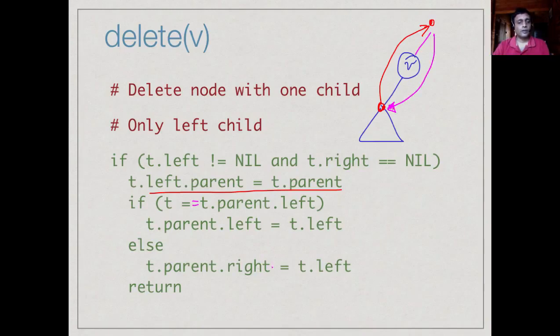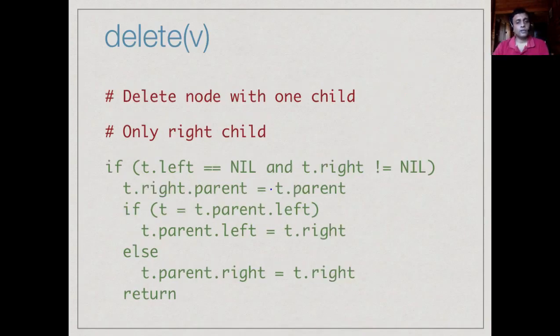On the other hand, if it was the other way, if this happened to be a right child of its parent, then we say that t.parent's right child should now point directly here. The right child of the parent is now my left child. So this is a way to splice out or remove this node and promote the only child up. We do a symmetrical thing if it's only the right child.